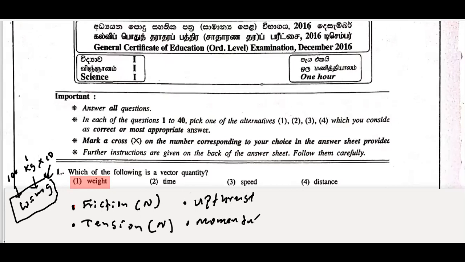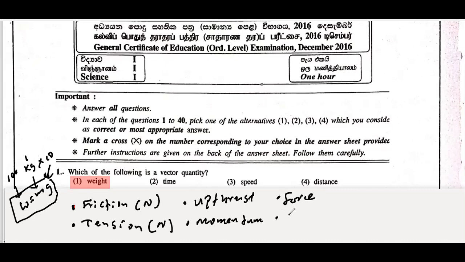Then momentum is a vector. Why is momentum a vector? Momentum is equal to mass into velocity. Velocity is a vector, so momentum is a vector. Then moment. So these are vectors. In addition to that, any force is also measured in Newton.